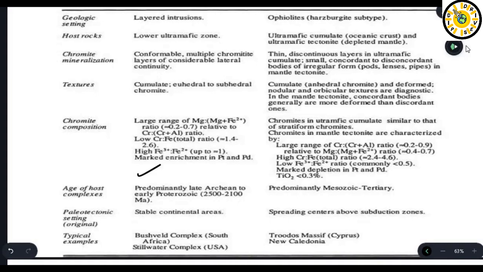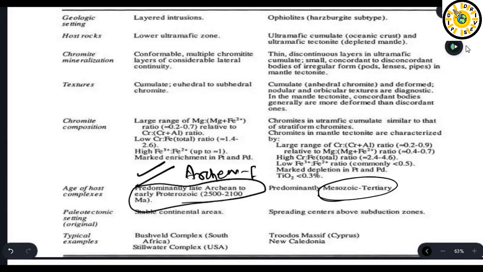See, predominantly late Archean or early Proterozoic, or Archean too, you can say early Proterozoic. There will be the Mesozoic Tertiary boundary. Why is it so? Can anyone?